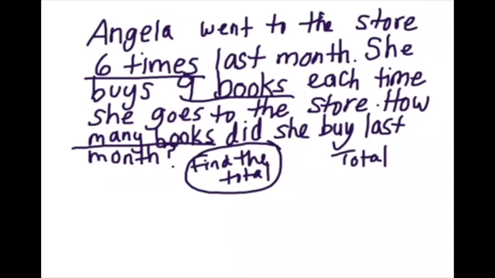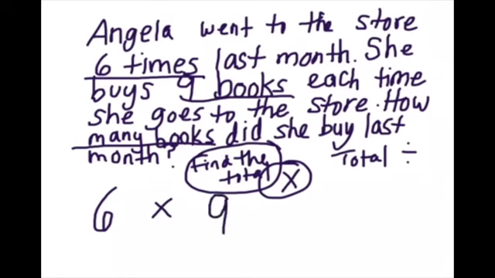And what does that mean? What operation do we need to do if we have to find the total again? Multiplication, because we know if they already gave us the total, we would be dividing. So we are going to be multiplying again today. What 2 numbers are we going to be multiplying together? 6 times 9, right?